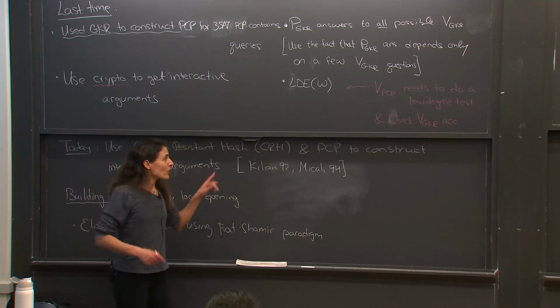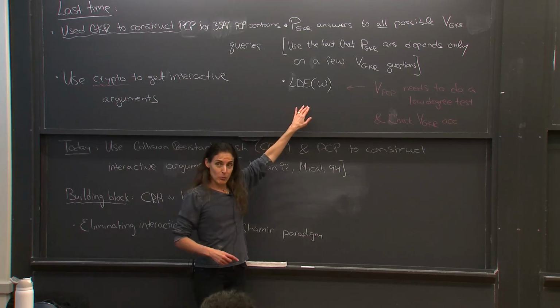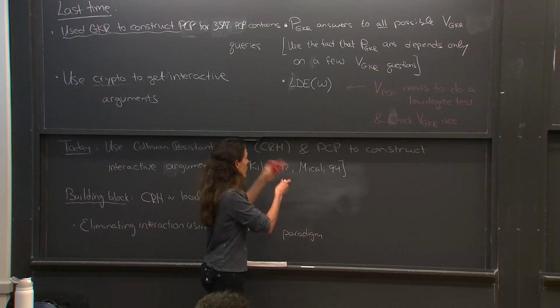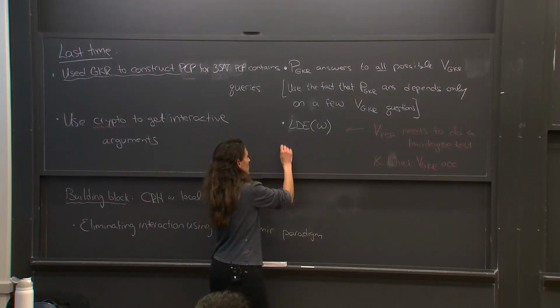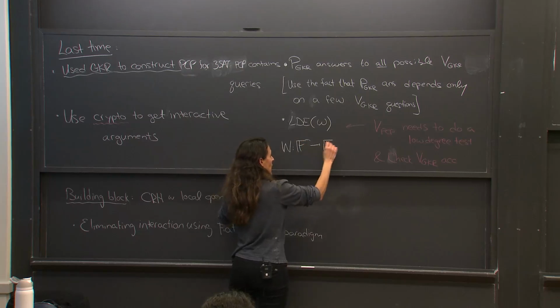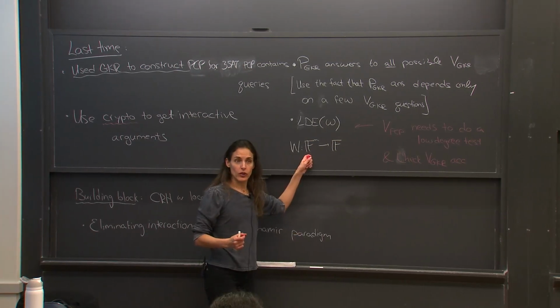However, one needs to think: there may be a malicious prover who doesn't give you a low degree extension of some W. What he should give you, a low degree extension of W, means some W that goes from F^m to F, and it's of degree H minus 1 in each variable.